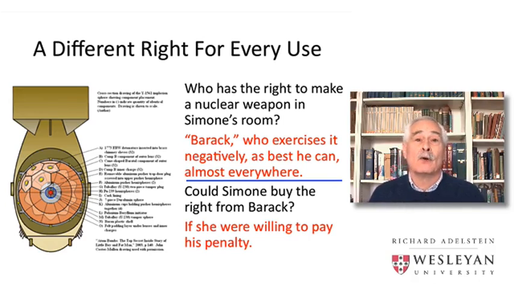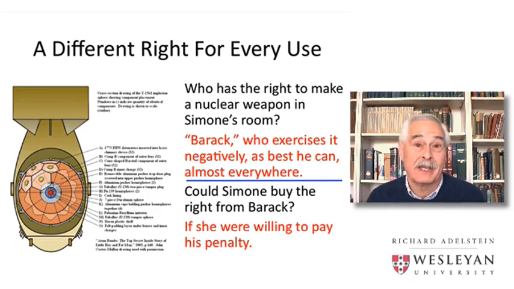And so, although Barack has the authority to exercise the property right to make nuclear weapons anywhere in the United States negatively, he chooses to exercise those rights negatively by barring people from making nuclear weapons almost everywhere except for those two places, one in New Mexico and one in Tennessee.